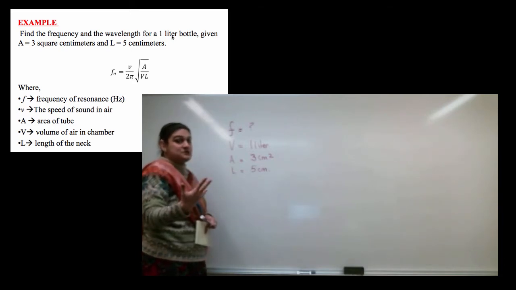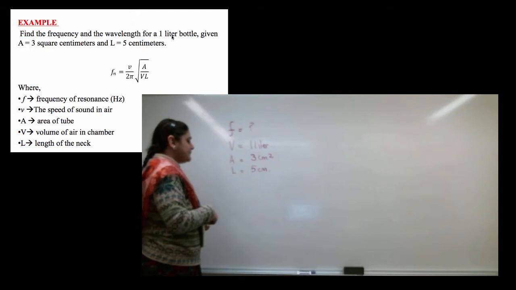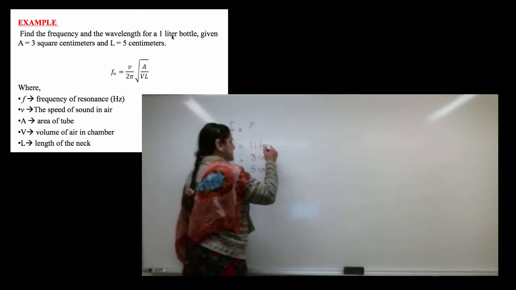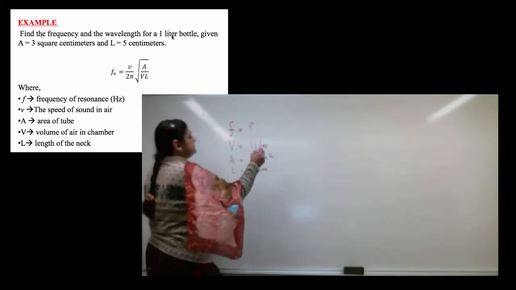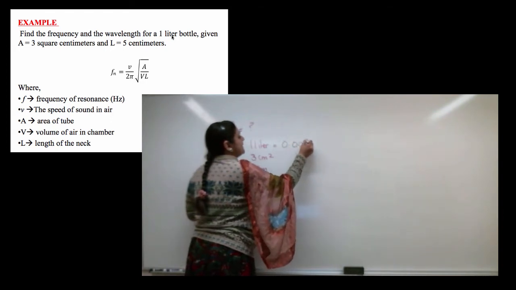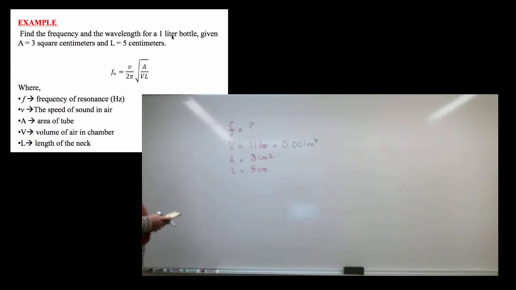So the first thing we need to do is convert them to SI units. Now, how will we do that? Well, 1 liter is equal to 0.001 meter cubed.